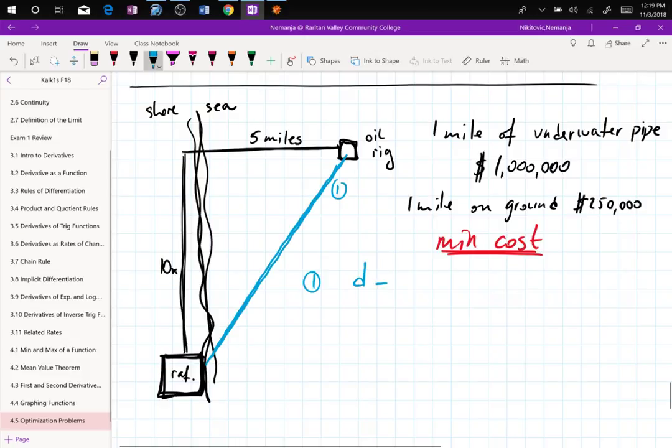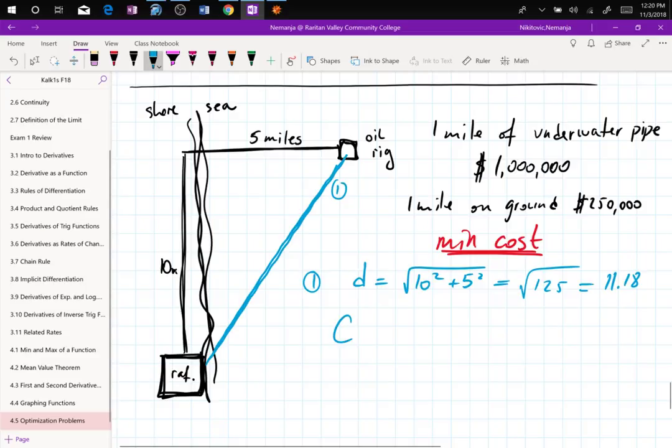So the distance is the square root of 10 squared plus 5 squared. That's the square root of 125, which is 11 something. The square root of 121 is 11, so the square root of 125 is 11.18. So that's how many miles you have.